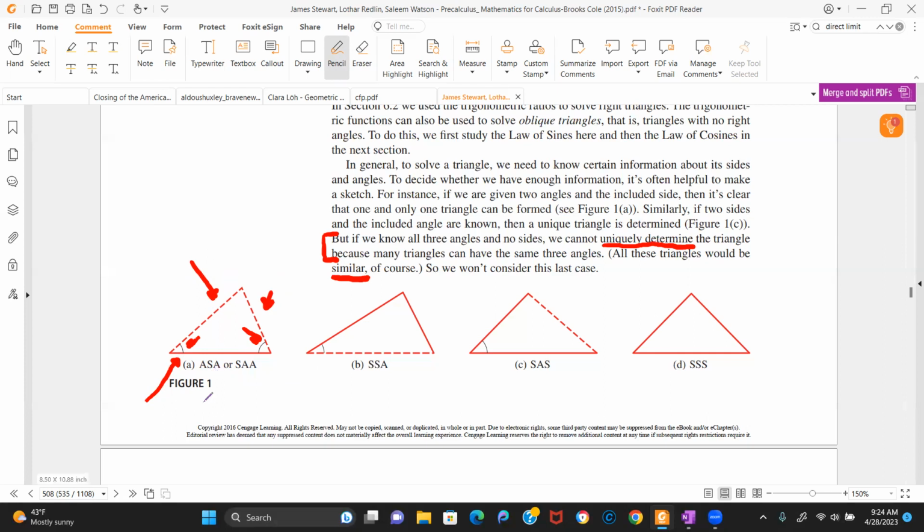It means you have this side, and it is part of the two angles of the triangle. So for example, this wouldn't be angle side angle: suppose I give you this side right here, and then this angle, and then this angle. That wouldn't fall under the category of angle side angle.